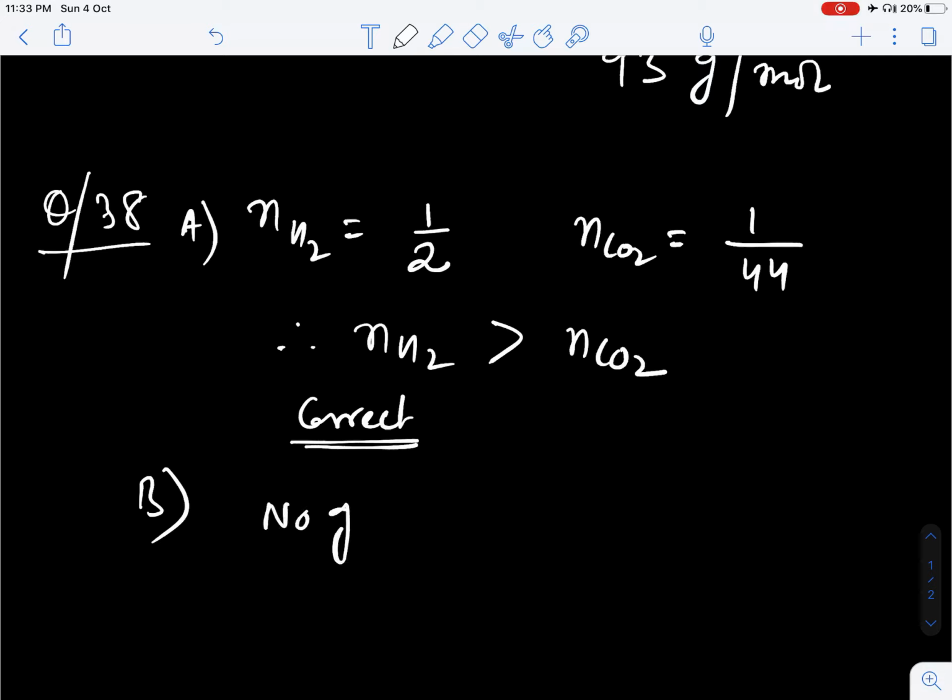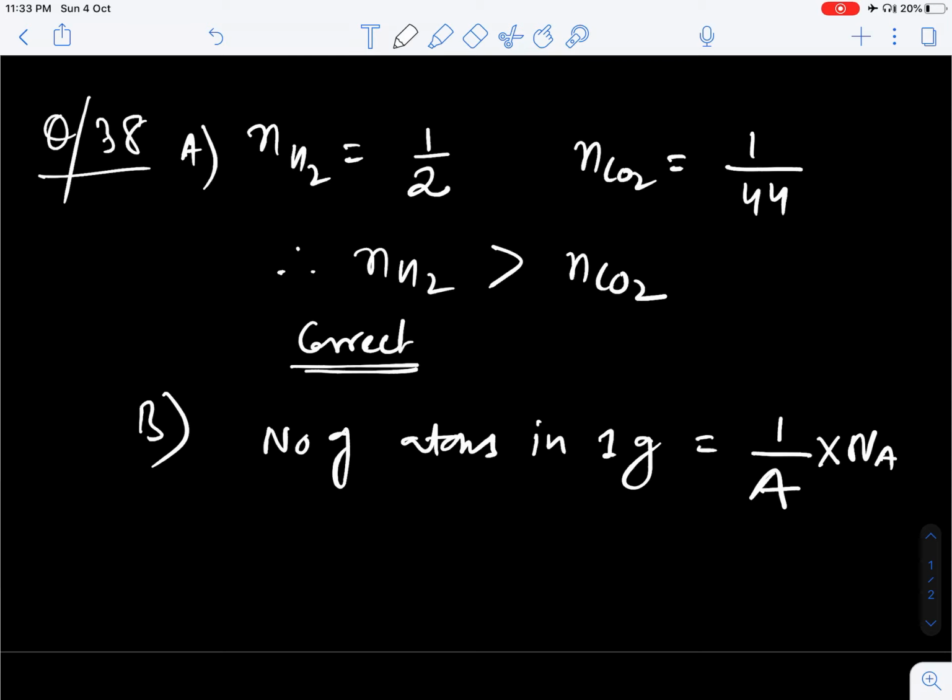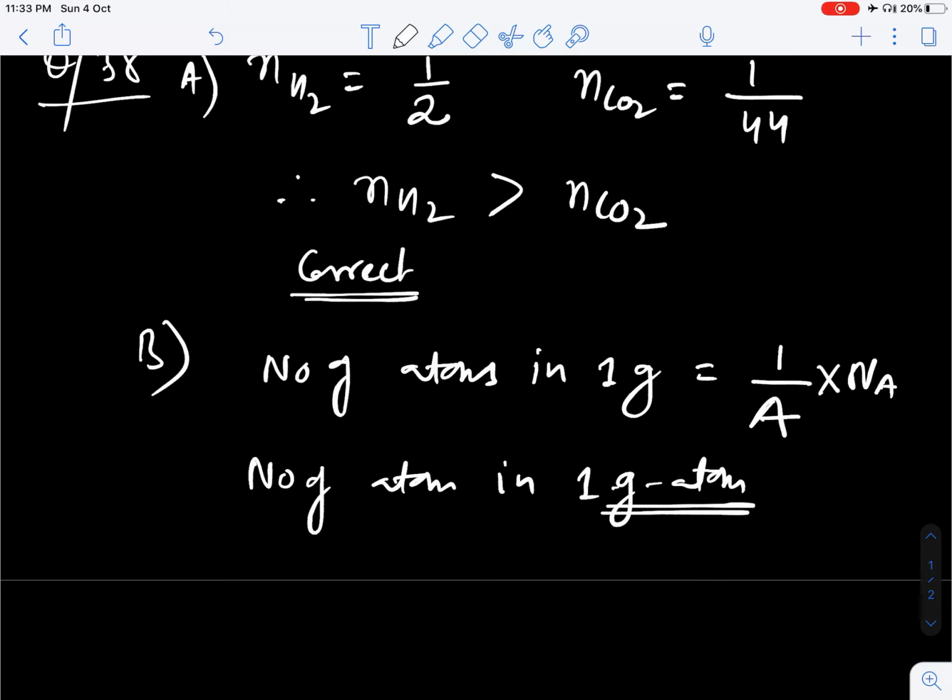Suppose you have to calculate the number of atoms in 1 gram of an element, it will be mass given upon molar mass, that is A, multiplied by Na, so you will get the number of atoms. But the number of atoms in 1 gram atom has a different meaning. 1 gram atom means 1 mole, that is Na atoms. So these two are different, right? That means option B is also correct.